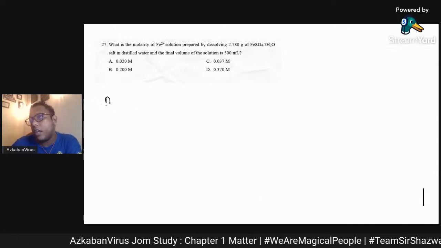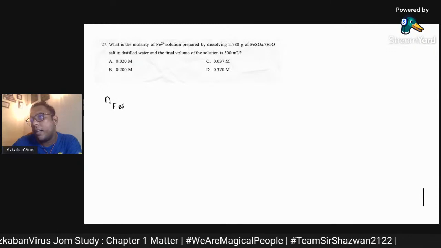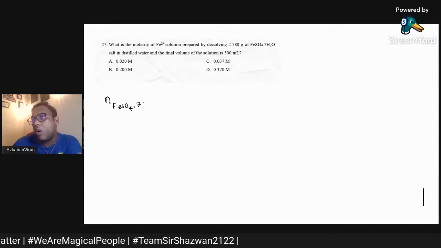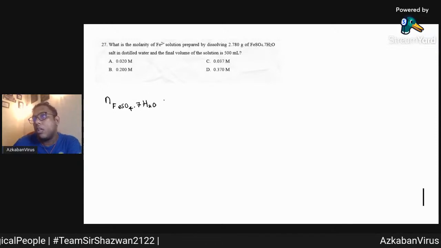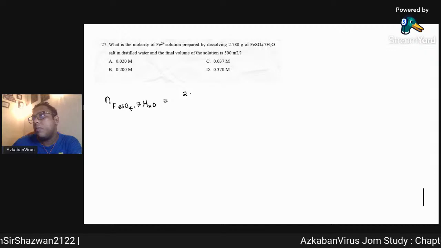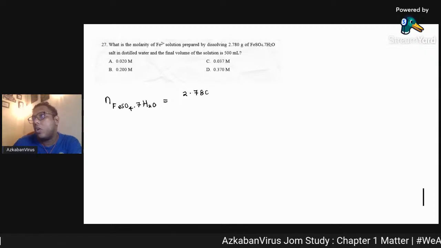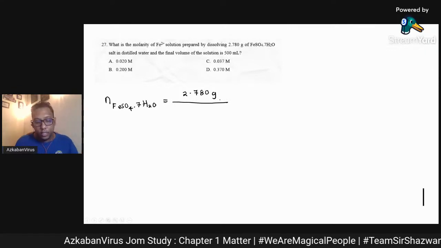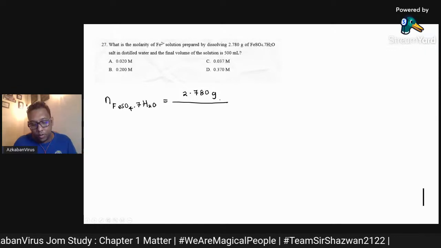So n of iron sulfate, hepta aqua, equal to 2.780 gram bahagi dengan iron is 56 if I'm not mistaken.